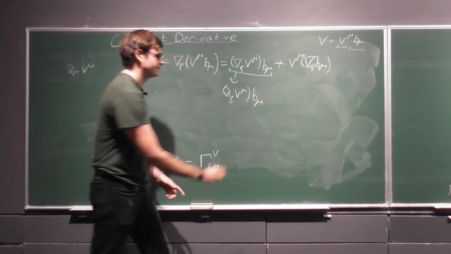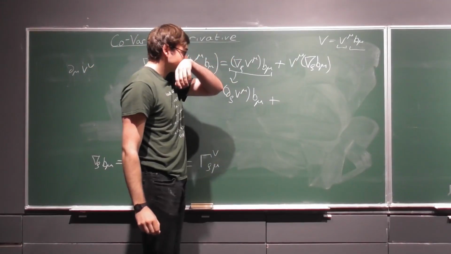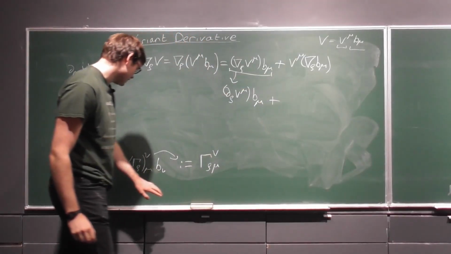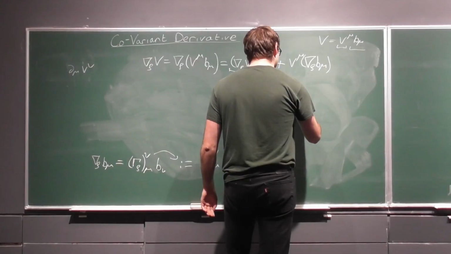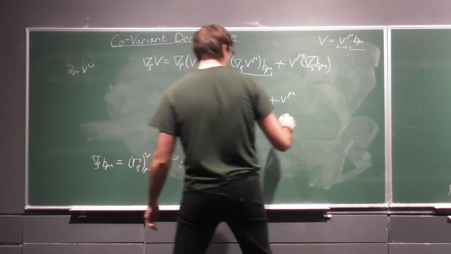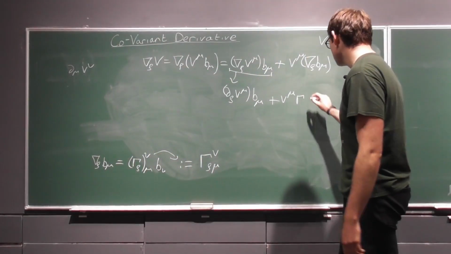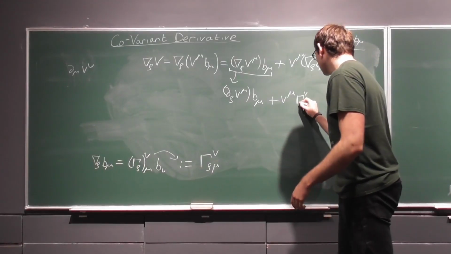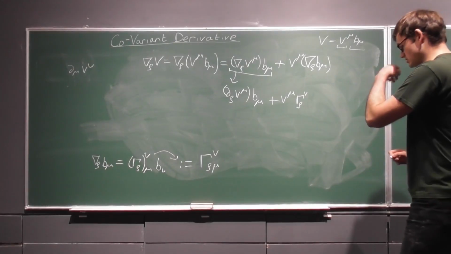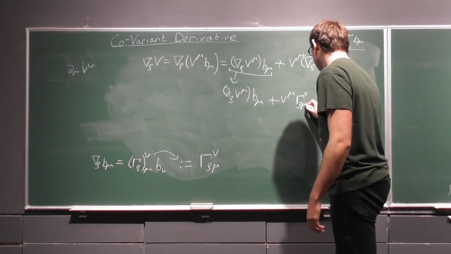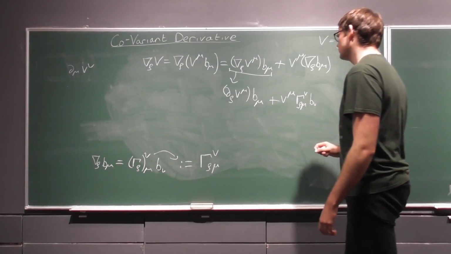Which is quite nice. The other bit, we can use our previous rule. Down here, we're going to get v^μ, and then we're going to get these symbols, okay? It has three indices, but I'm not going to call it a tensor because it turns out this thing doesn't transform like a tensor. Okay, so if I've done that right, that looks like so.